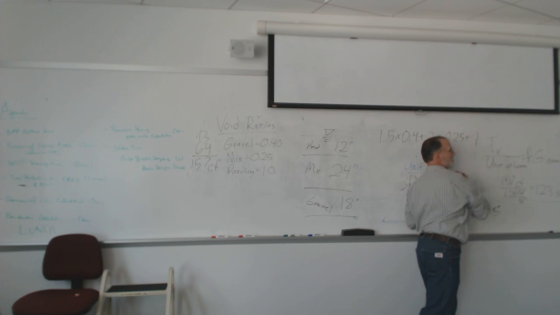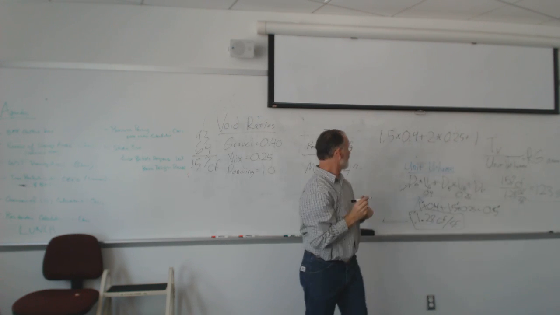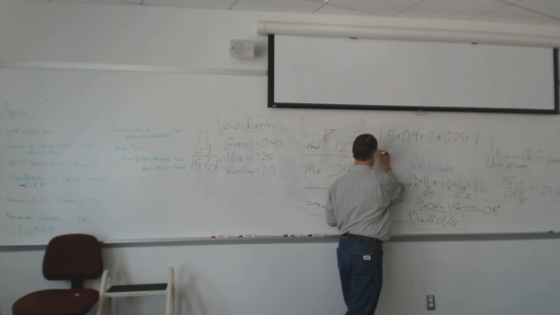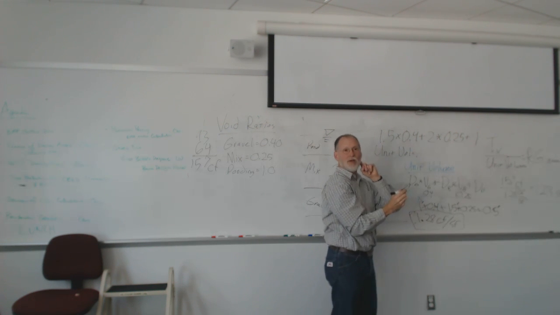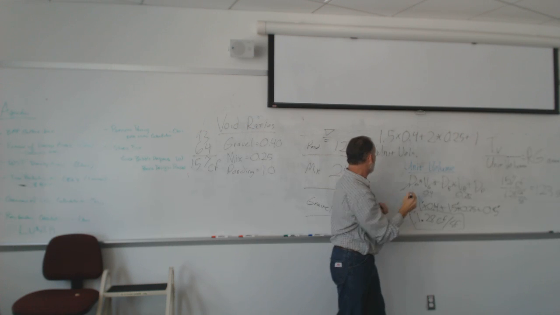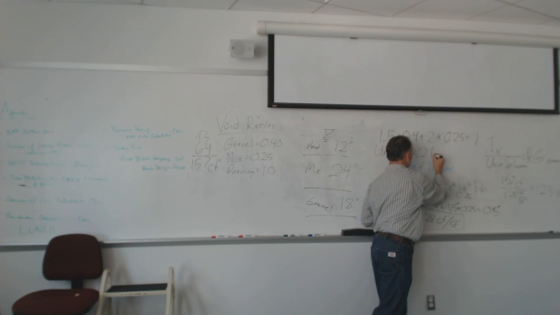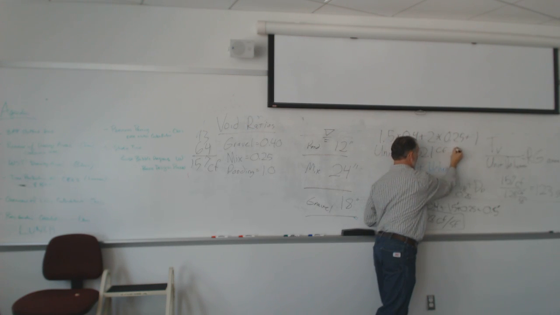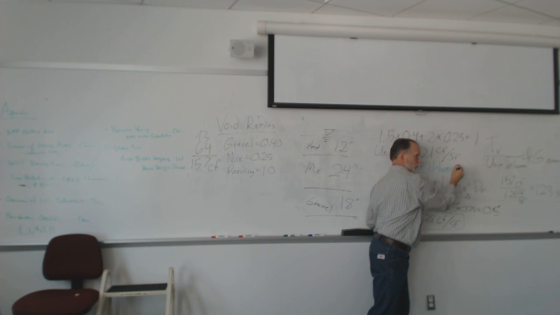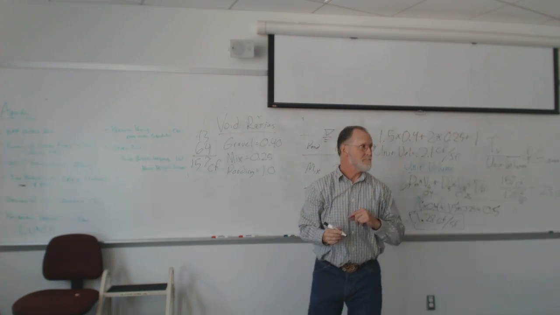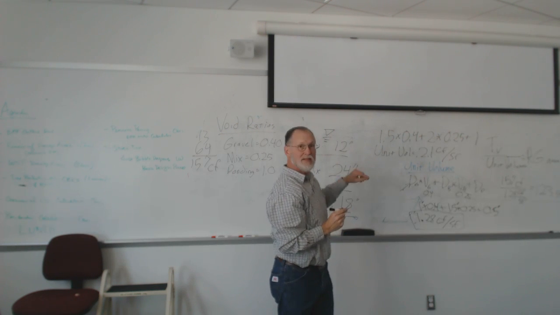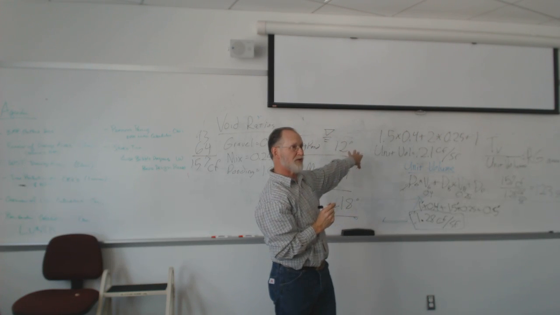Everything's got to be in feet. So what's our unit volume? 2.1? That's cubic feet per square foot.